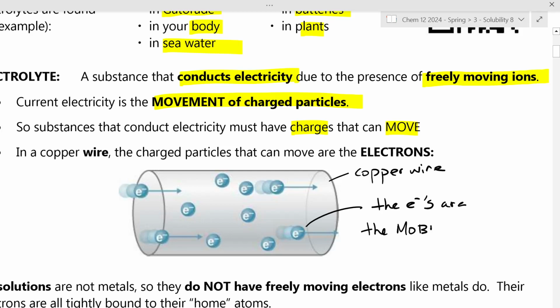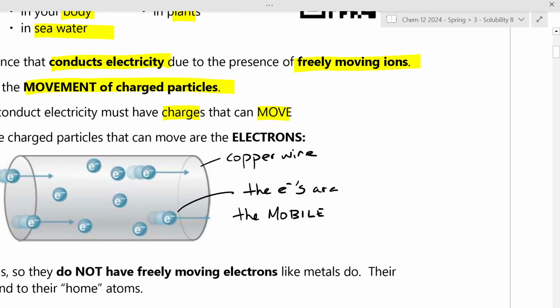Do you guys know the word mobile? Mobile just means able to move. The reason they have mobile charges is because metals have mobile electrons.